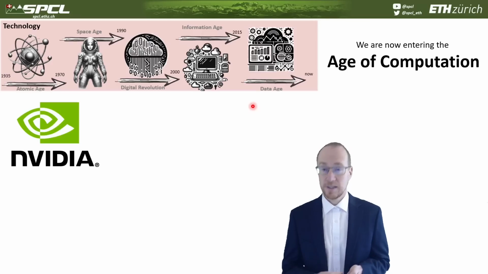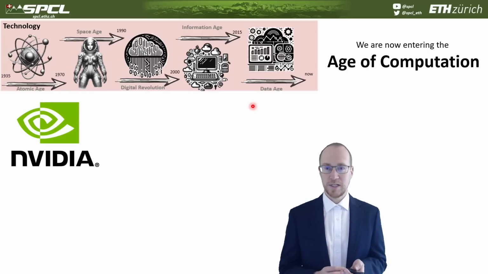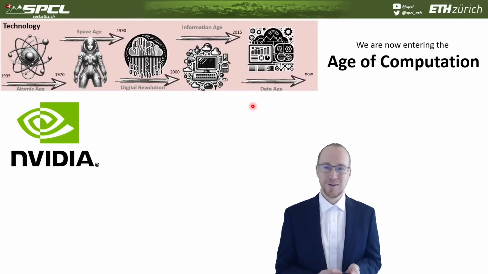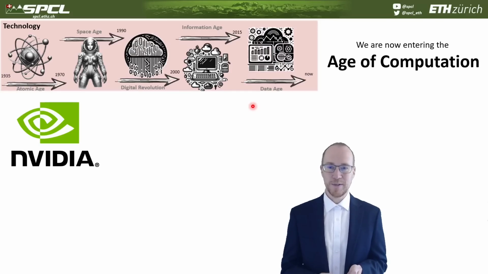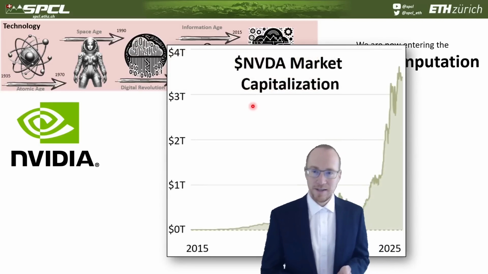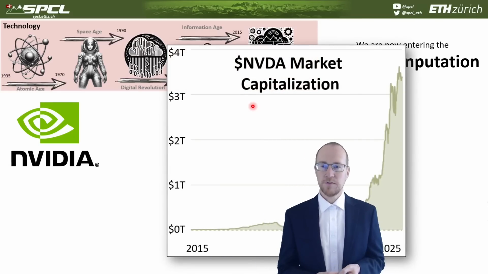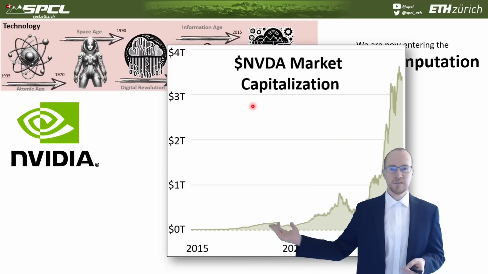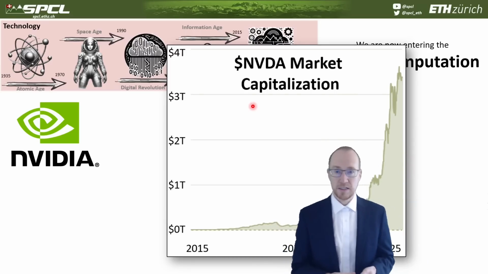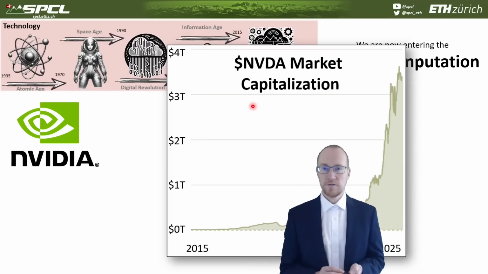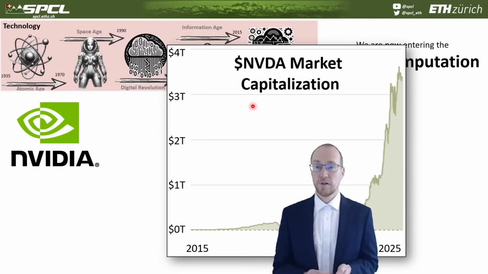So let me substantiate this a little bit. You're probably familiar with this company, NVIDIA. If you learned about it a year ago, you definitely have learned about it the last couple of months big time. And this company is a very fascinating company. If you look at the market capitalization, 10 years ago in 2015, it was literally a $0 trillion company. Today, in 2025, it is more than a $3 trillion company.